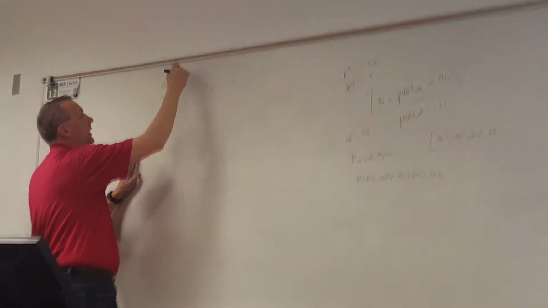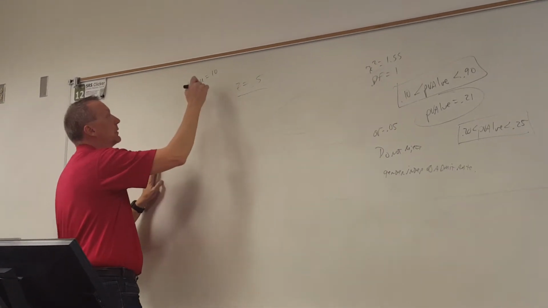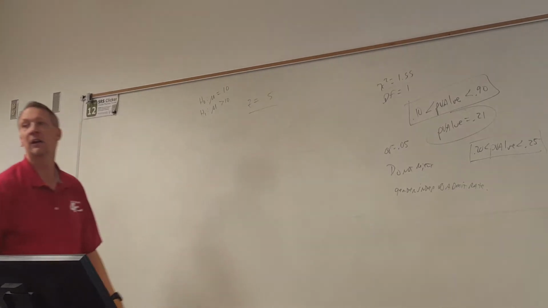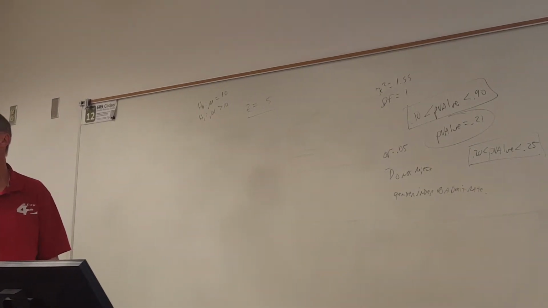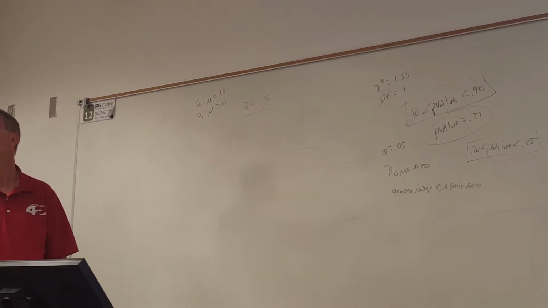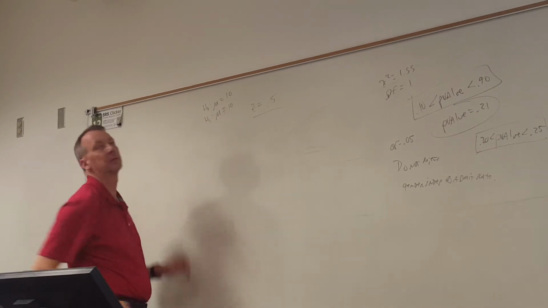Null hypothesis: mu equals 10. And your alternative hypothesis is mu is greater than 10. Okay? Or do you want the two-sided one? I think you wanted the two-sided one. We'll make it not equal. Okay?